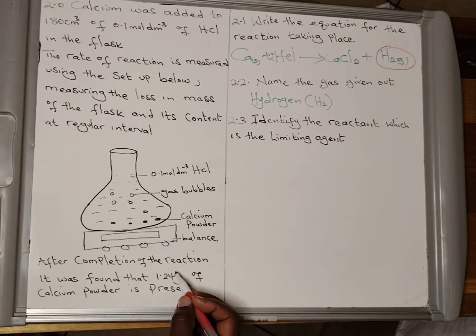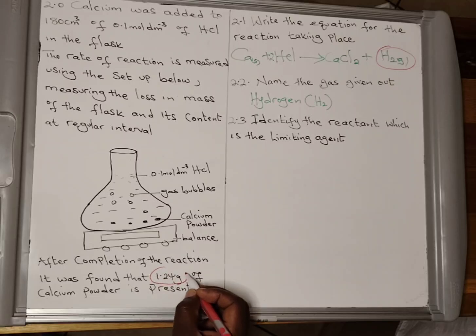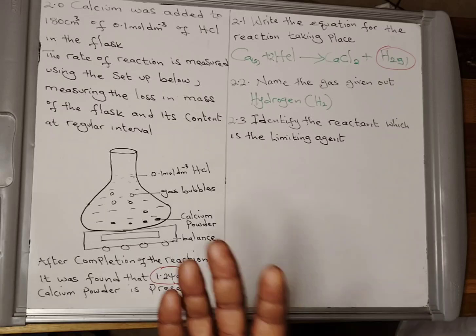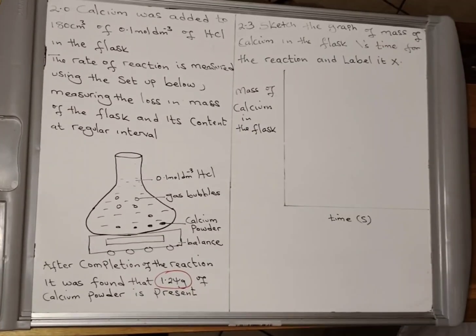Here they said that after completion of the reaction, it was found that 1.2 grams of calcium powder is present. What does that mean? That calcium powder is oversupplied, and we have two reactants only. One is calcium, the other is hydrochloric acid. So the limiting reagent is the one which is supplied in less amount, so that when it is finished, the reaction stops, and that is going to be hydrochloric acid, HCl.